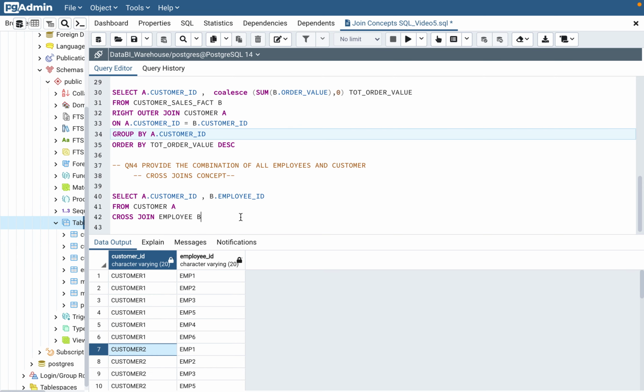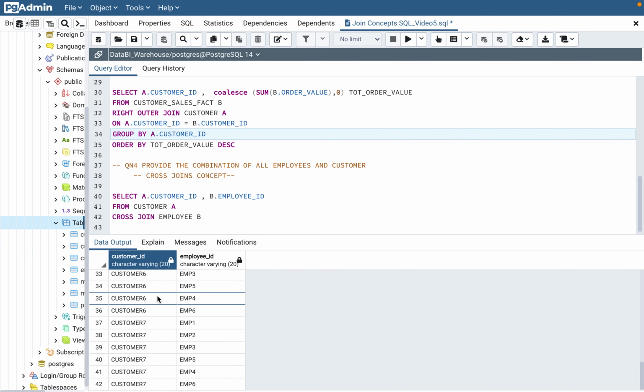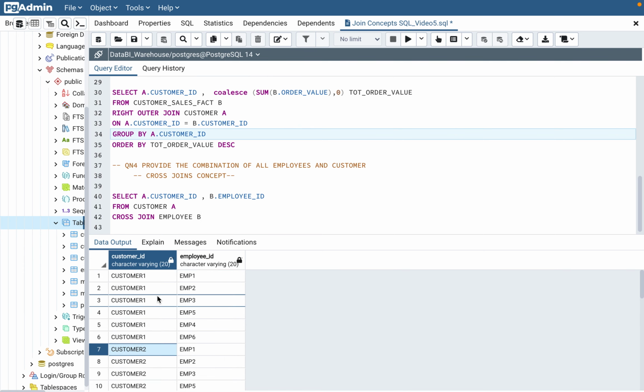This cross join is very bad for performance, because you are bringing a multiplied set of rows. Cross join is sometimes useful; sometimes there is a need to use a cross join in the query, but you need to be very careful. The moment you use cross join, your performance will go bad.